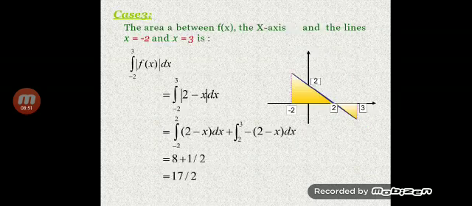Okay, next case 3, the area between f of x, the x-axis and the lines x is equal to minus 2 to 3.